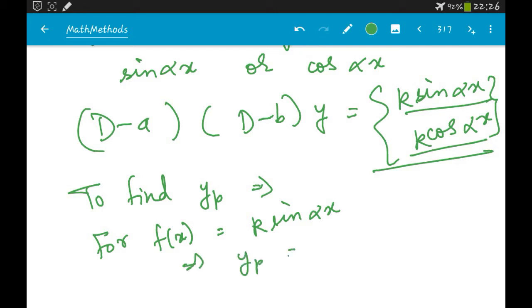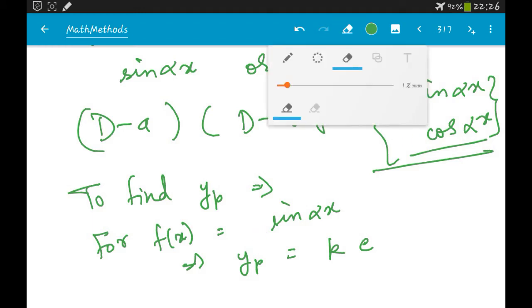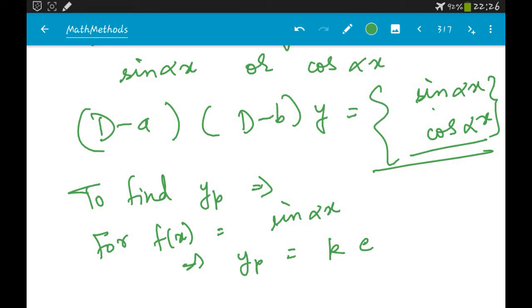yp is equal to k e power. So let's assume q is a constant.